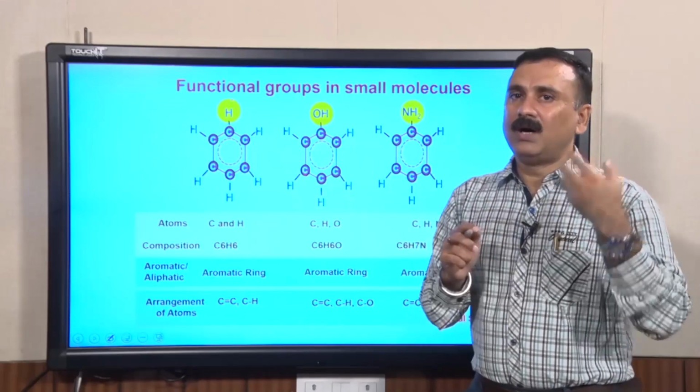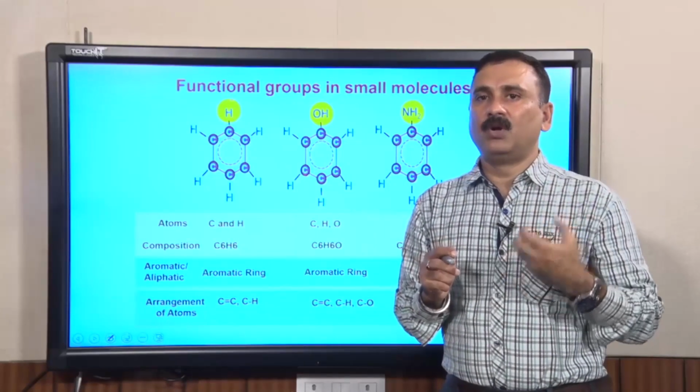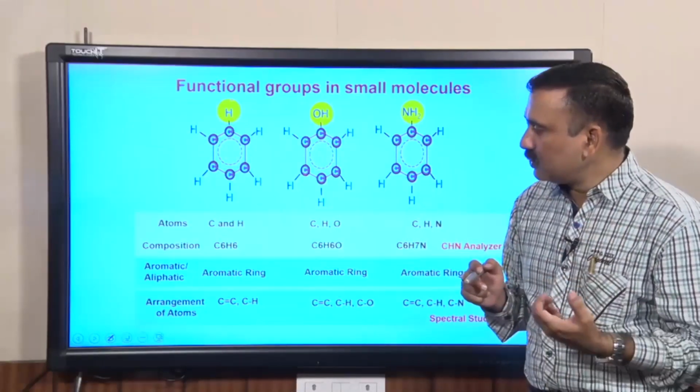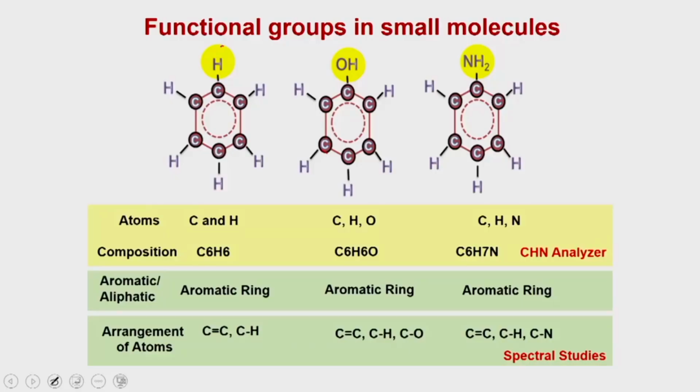So, when you get this product from your host cells, you first do the CHN analysis, and it will say that the compound is C6H6. That says this could possibly be benzene.